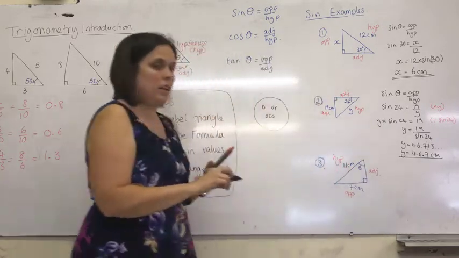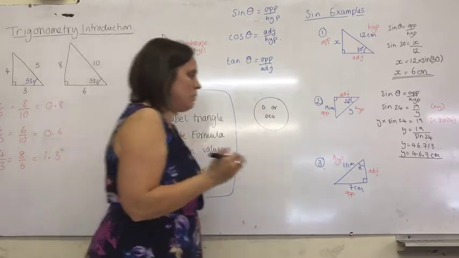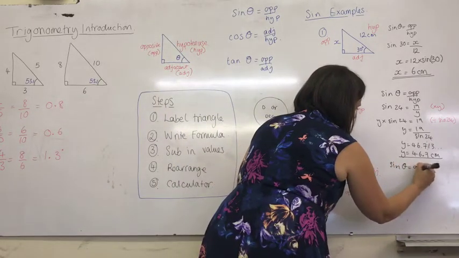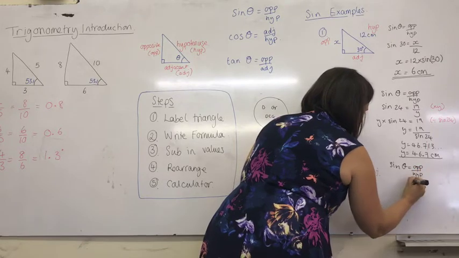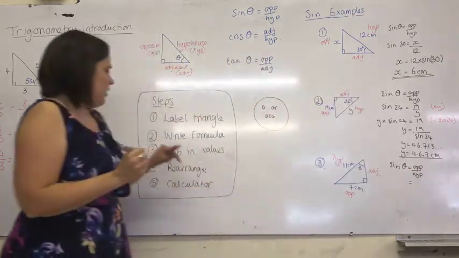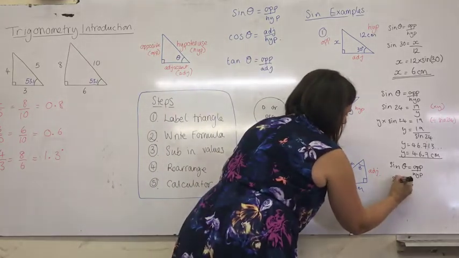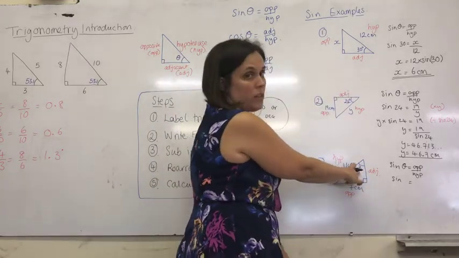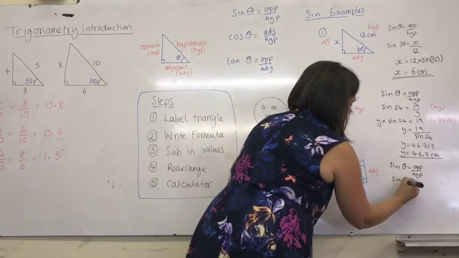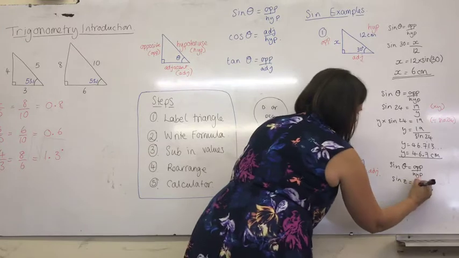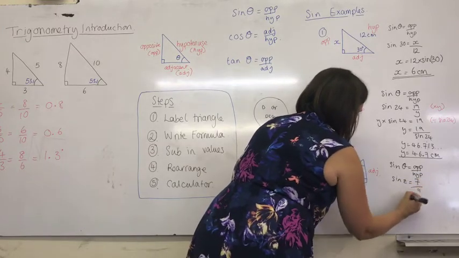Write your formula, so number 2, write your formula. Sine theta is opposite over hypotenuse. Substitute in the values that you've got. This time our theta we don't have, we're going to call it z. So sine z equals, opposite is 7, hypotenuse is 11.